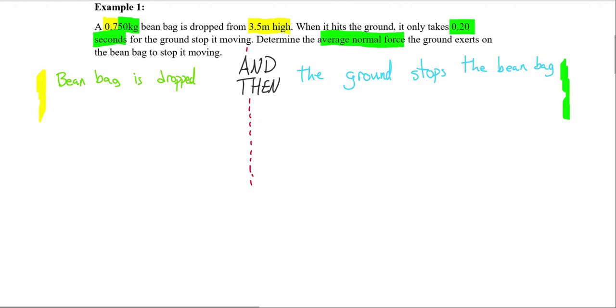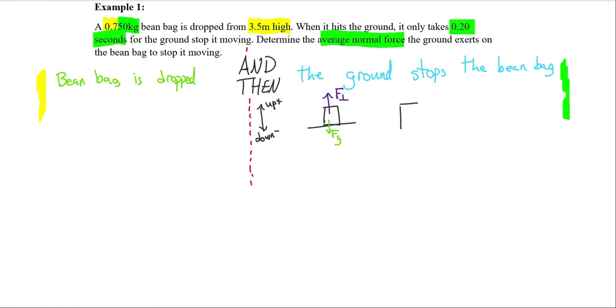Now this begins looking like a force problem, so I'm going to make a free body diagram trying to find my normal force as the ground is stopping the beanbag. So this beanbag is contacting the ground, there's a normal force, but gravity is also pulling it. I'm going to say that up is positive and down is negative for any amount of adding or subtracting I have to do.